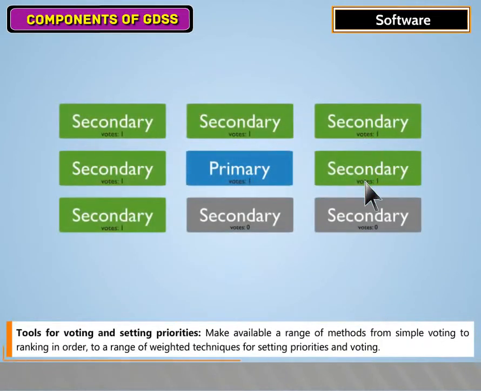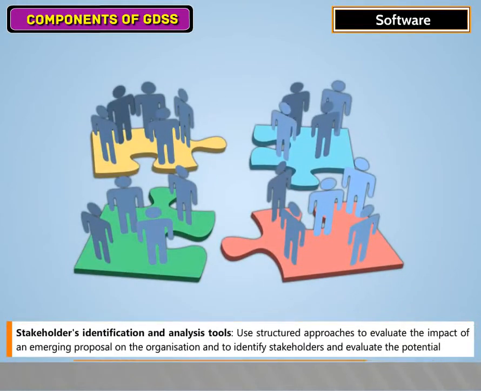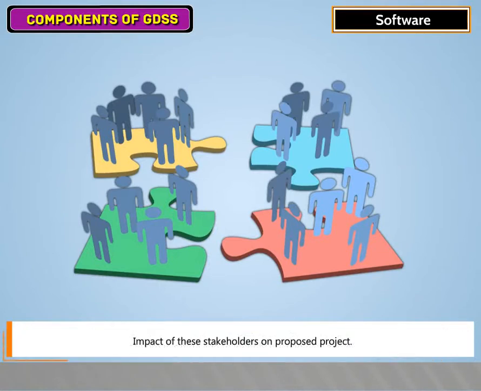Tools for voting and setting priorities make available a range of methods from simple voting to ranking to a range of weighted techniques for setting priorities and voting. Stakeholders identification and analysis tools use structured approaches to evaluate the impact of an emerging proposal on the organization and to identify stakeholders and evaluate the potential impact of these stakeholders on proposed project.